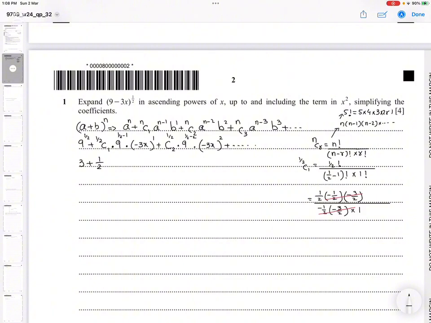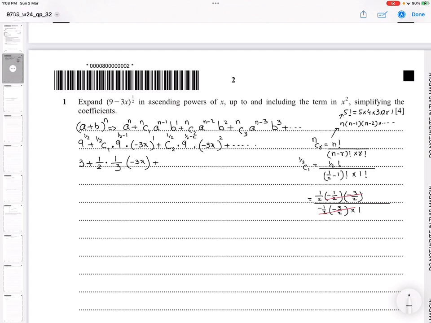So you write it 1 over 2 times 1 over 3 times negative 3x.